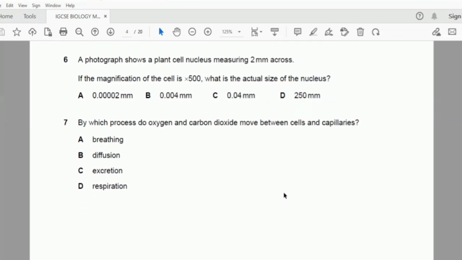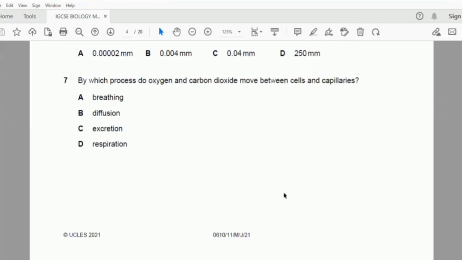Question number 7. By which process do oxygen and carbon dioxide move between cells and capillaries? It can't be breathing in and breathing out, that's ventilation. He's talking about cells and capillaries. It can't be excretion, which is the removal of waste products of metabolic activities.